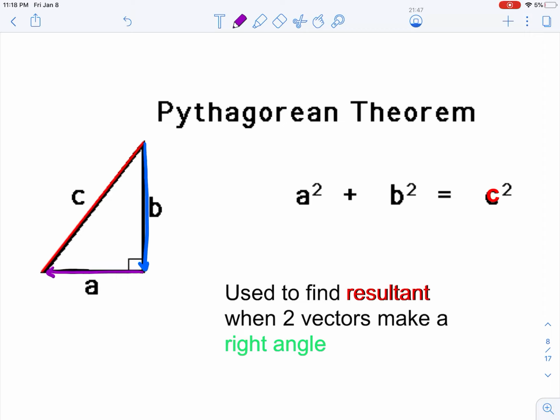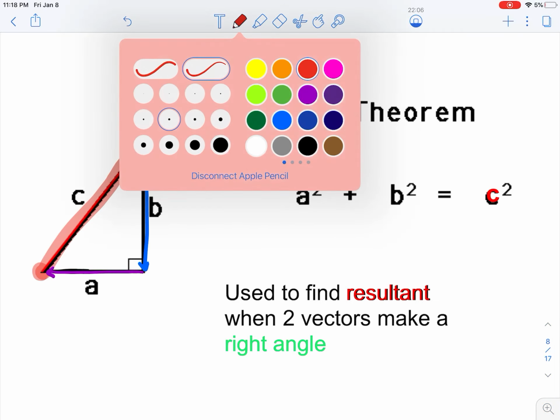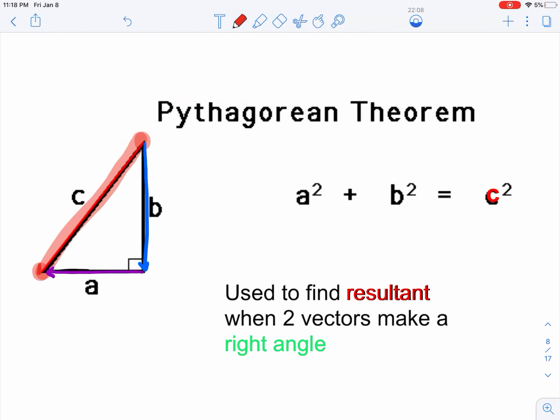My resultant, my overall outcome, remember I said it's where we started for the first vector, and it's where the last vector ended. So this is my segment for my resultant vector, and it will have a direction, and that direction in this case would be pointed right here.